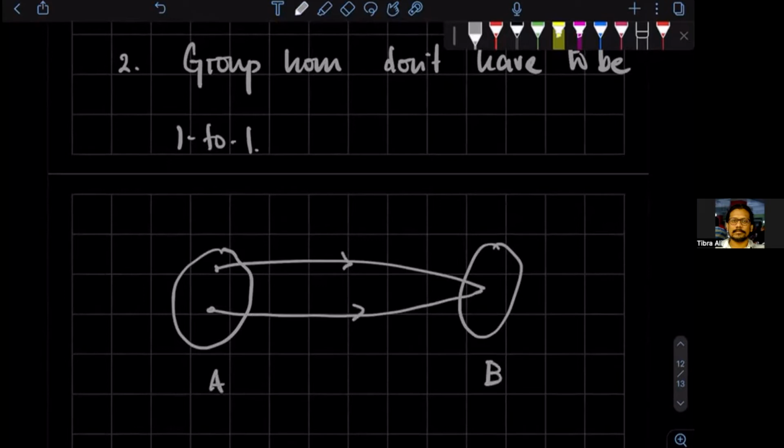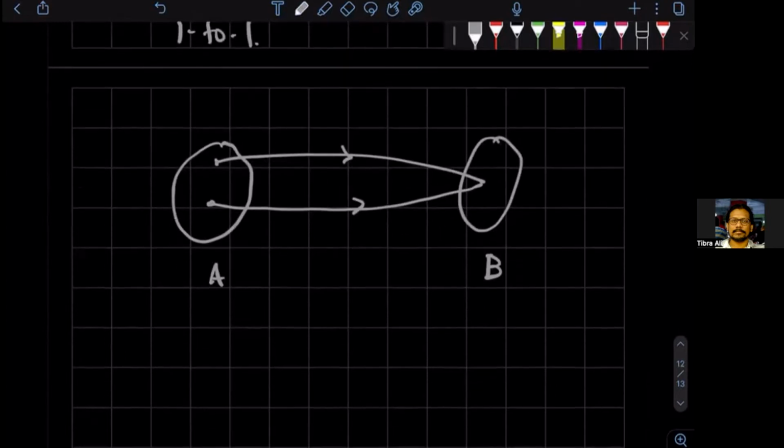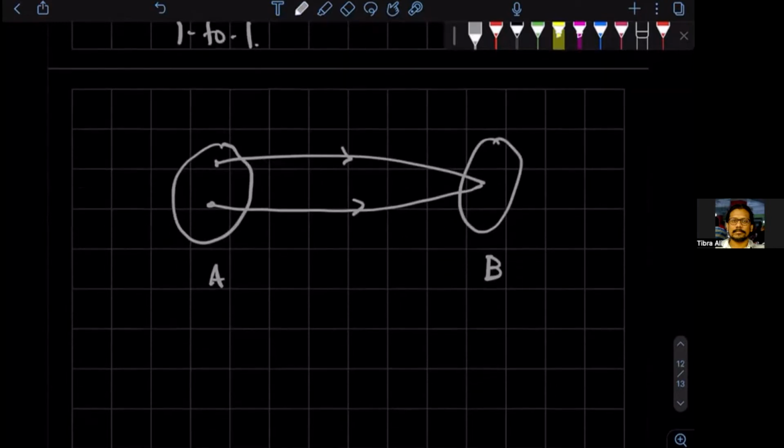In fact, there are very interesting examples of group homomorphisms which are not one-to-one, which have a lot of application in quantum physics. For example, the rotation group in quantum physics.